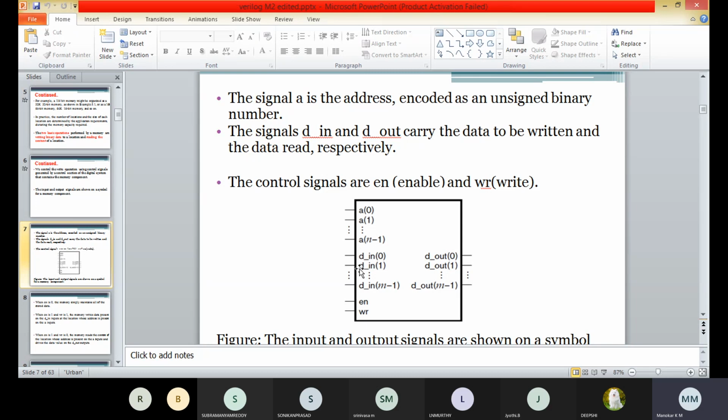For example, a 1 megabit memory might be organized as a 32K into 32-bit memory, as shown in this figure. Here the number of locations and the size of each location are determined by the application requirements.